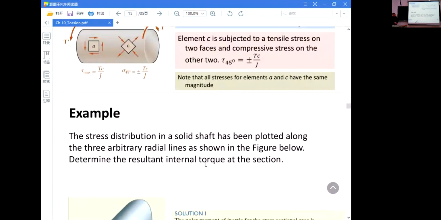How to get the torque? How to get the torque on the cross section? You think of it, okay? Let's take a break.